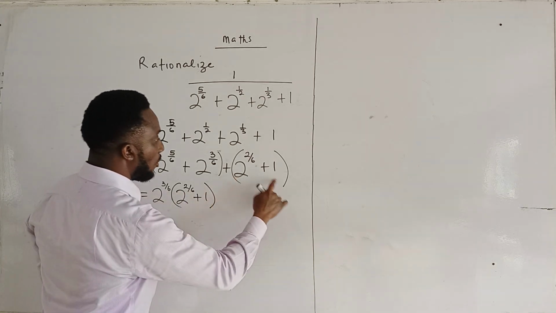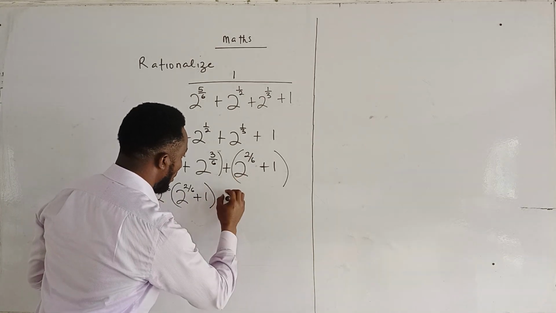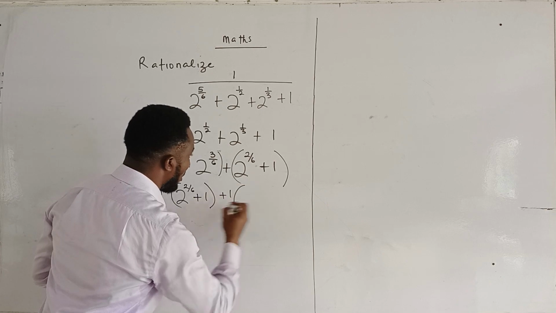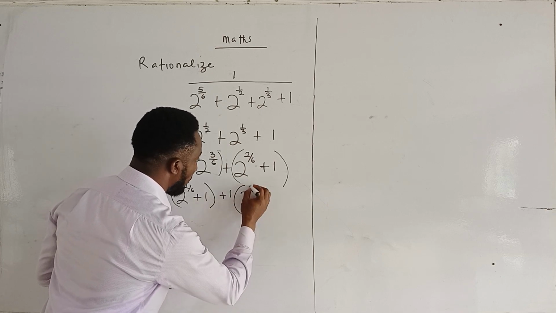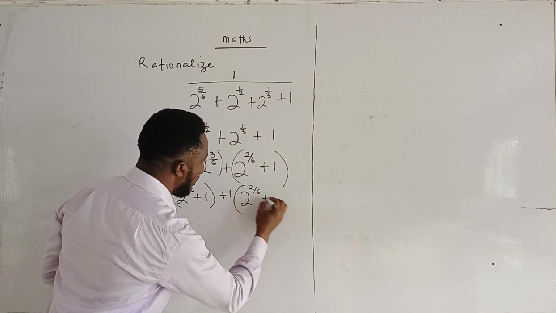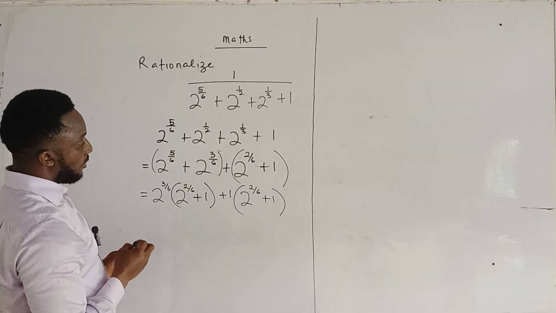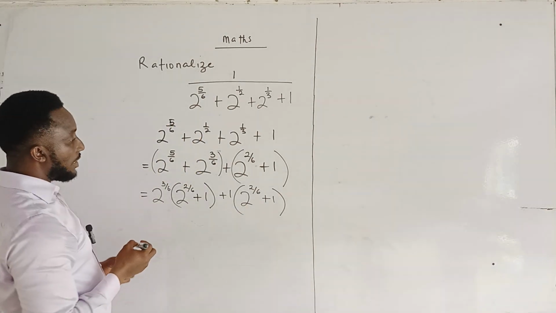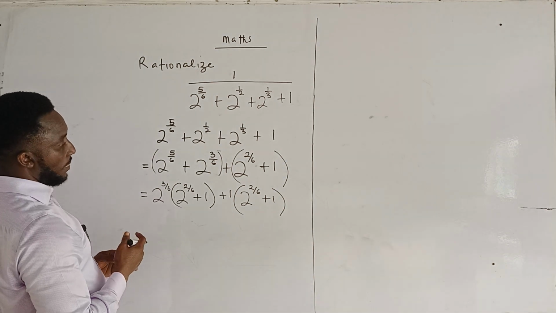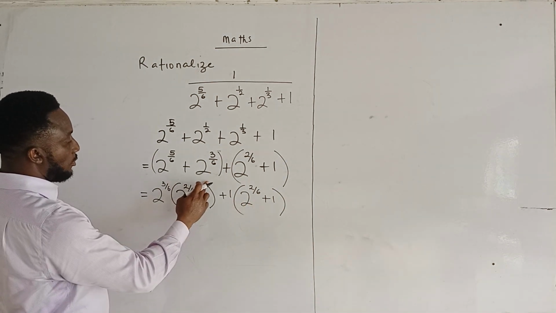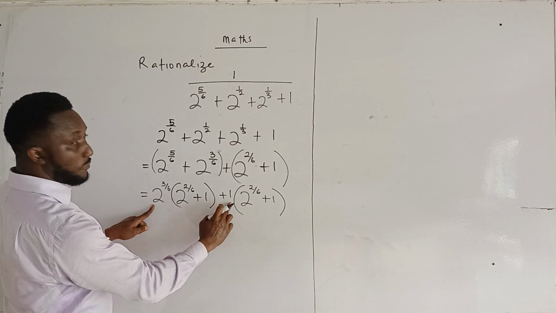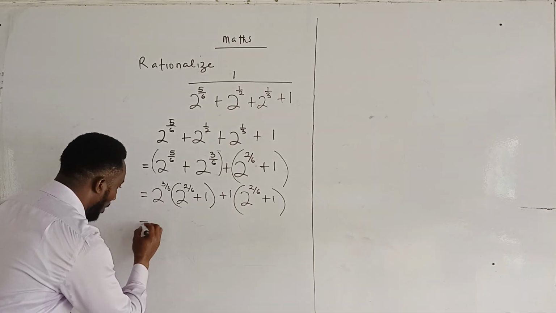As you can see here, only 1 is common. I'll write 1 out, then I'll write 2 to the power of 2 upon 6 plus 1. Now, when we are factorizing an algebraic expression, we pick the outside factors; the same we are going to do here.